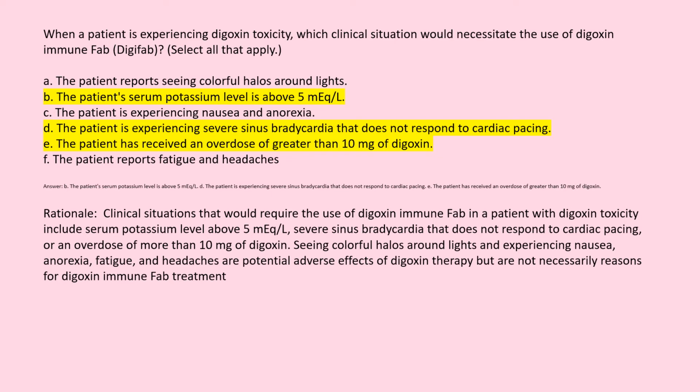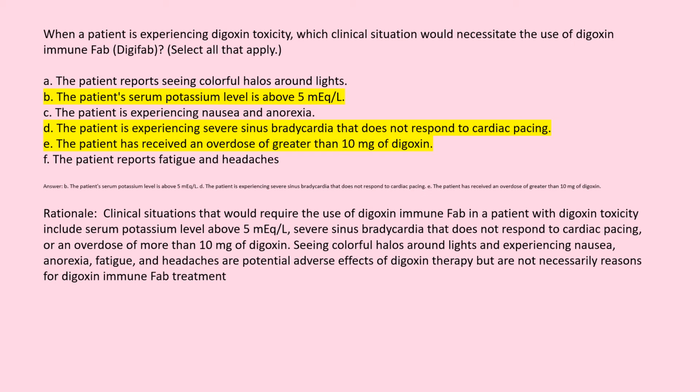Answer: B. The patient's serum potassium level is above 5 mEq/L. D. The patient is experiencing severe sinus bradycardia that does not respond to cardiac pacing. E. The patient has received an overdose of greater than 10 mg of digoxin.